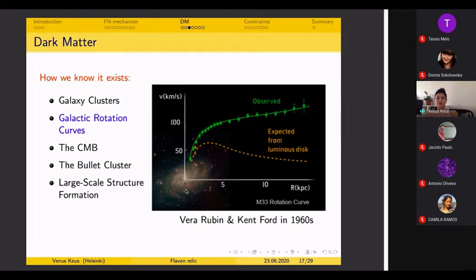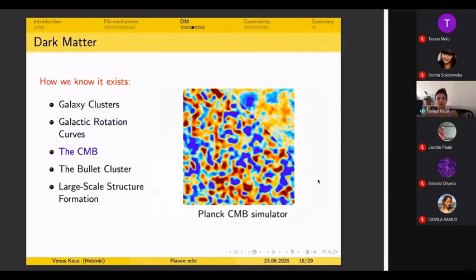Another evidence for the existence of dark matter is the patterns of the CMB, which are a result of a fight between the outward push of the photons and the inward pull of gravity. Normal matter could be pushed away by the photons, but also feels the gravity, so it creates this interesting pattern in the CMB.